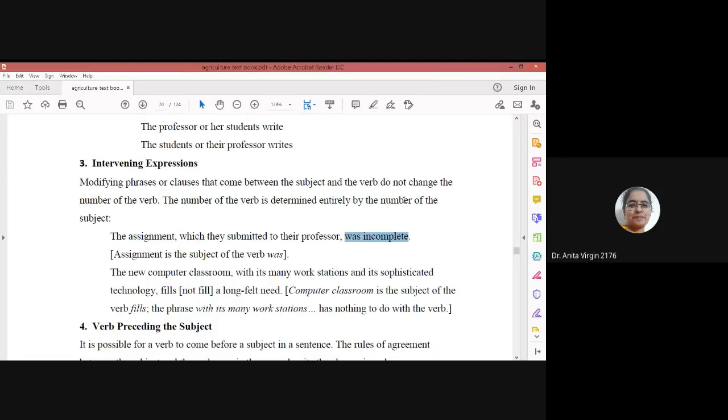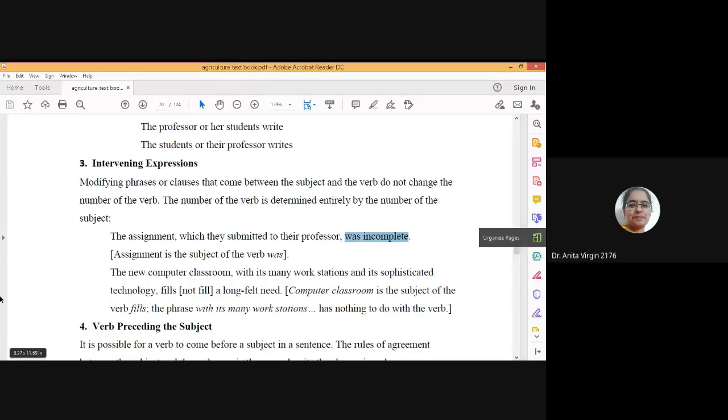Why do we use sentences like this? Because maybe we are saying something and we want to say more about it. Then we put it inside and then we continue with the rest. So actually this sentence is like: The assignment was incomplete.